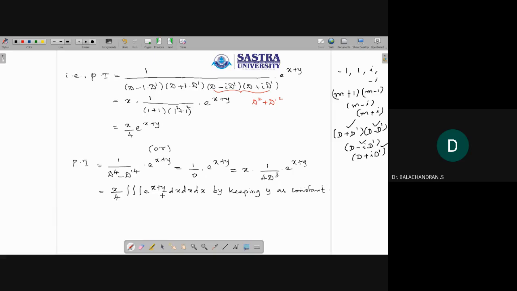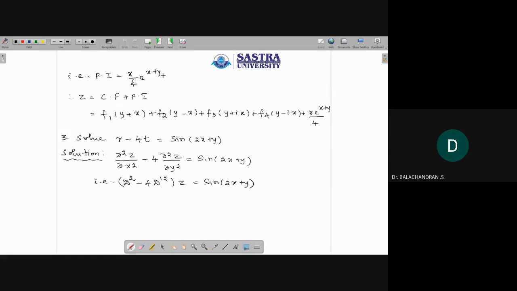So integration of e power x plus y, if you integrate any number of times, you'll get e power x plus y only. So the final answer is x by 4 into e power x plus y, the same thing. Okay, so the final answer, the general solution is z equal to CF plus PI.